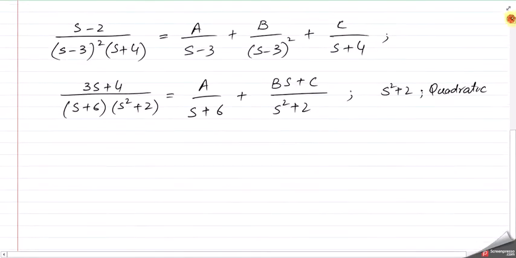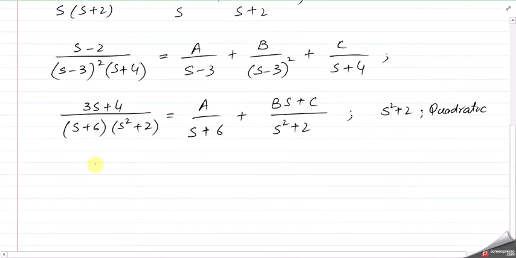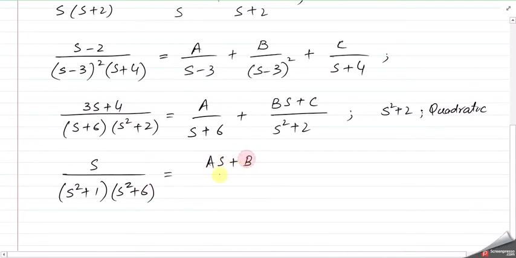Similarly, it would be the case for two quadratics. Let's say we have s over s square plus 1 into s square plus 6. That would be as plus b over s square plus 1 plus cs plus d over s square plus 6.